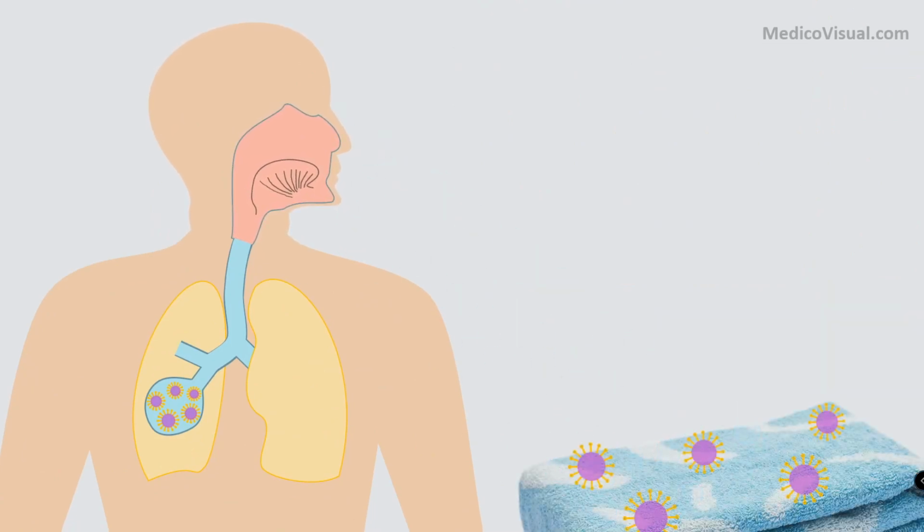The other route is that these respiratory droplets or aerosols may fall onto towels and other inanimate objects. When they fall on these objects, they contaminate them, and when another person uses these objects, for example, these towels, he or she may get infected with coronavirus disease.